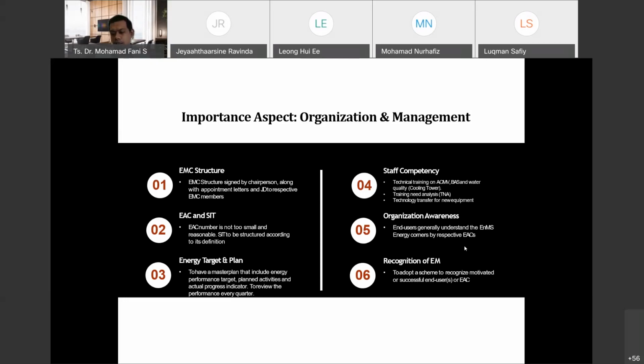So recognition, another part of the assessment, is recognition of the EM, to adopt a scheme to recognize and motivate. We have our own motivation procedure or scheme for the internal. Okay, we award our EAC for their performance, and we measure them in star rating as well.